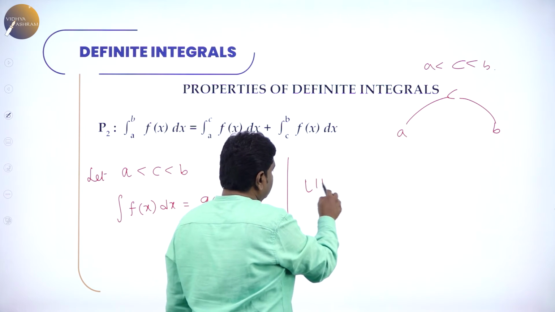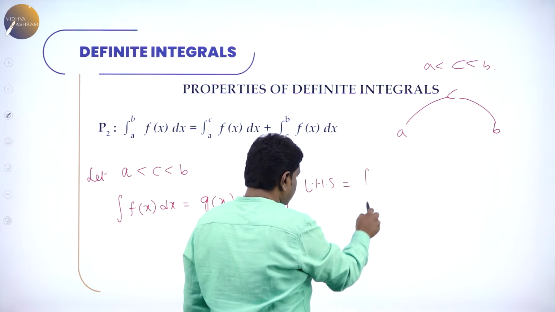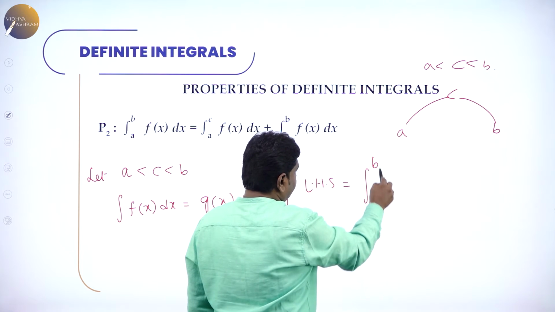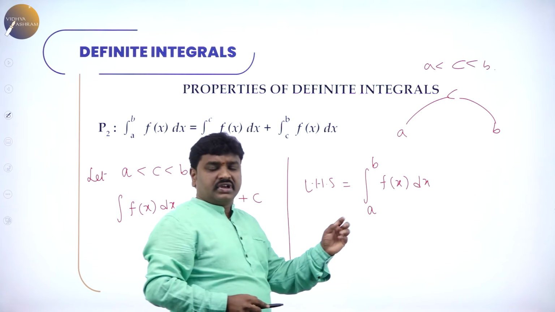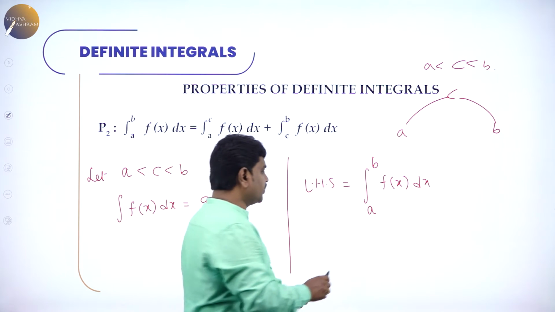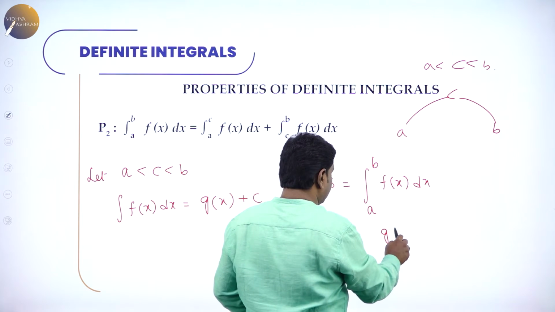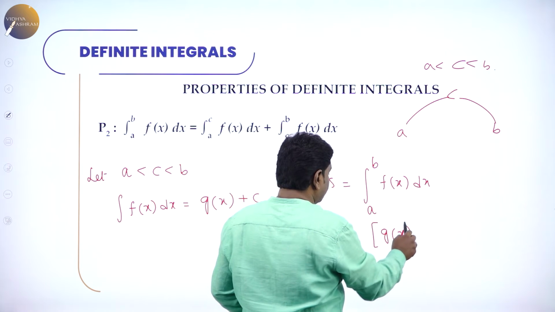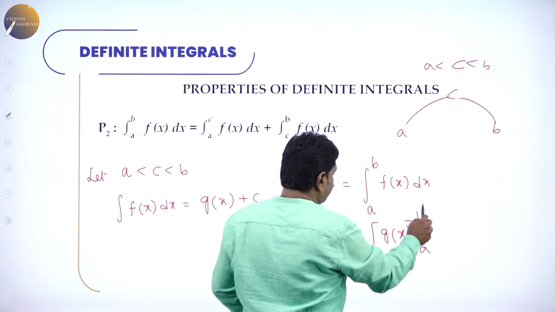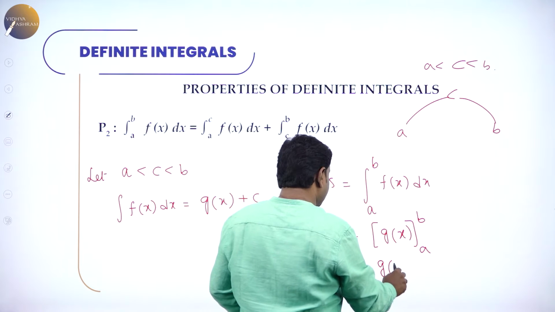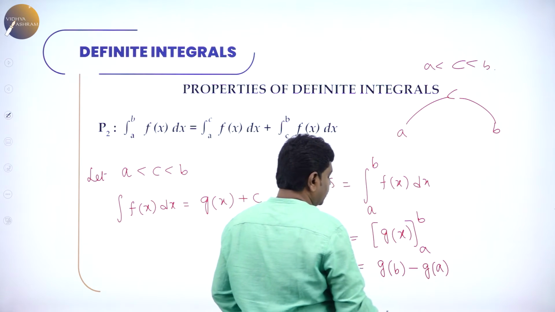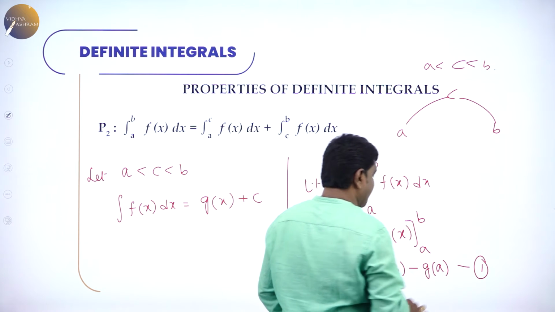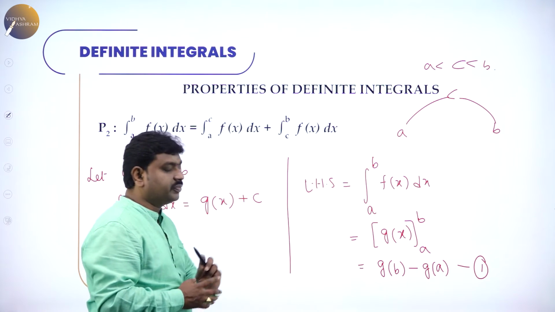What is LHS? Integration of a to b f of x dx. Integration of f of x is g of x, from a to b. So apply upper limit minus lower limit. It will become g of b minus g of a. Call it equation 1. Now we got LHS, a to b f of x dx, as g of b minus g of a.